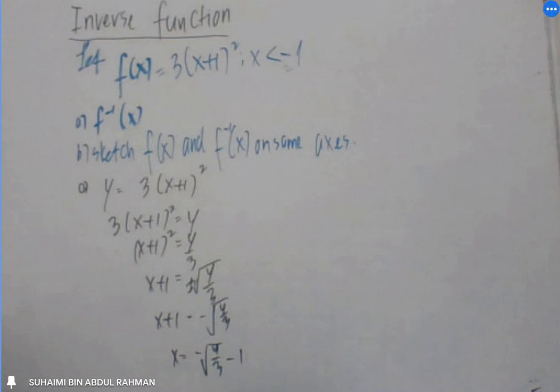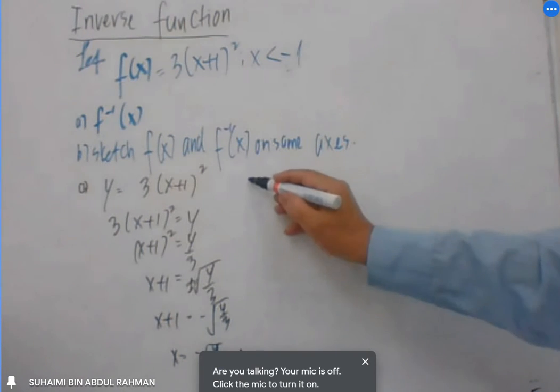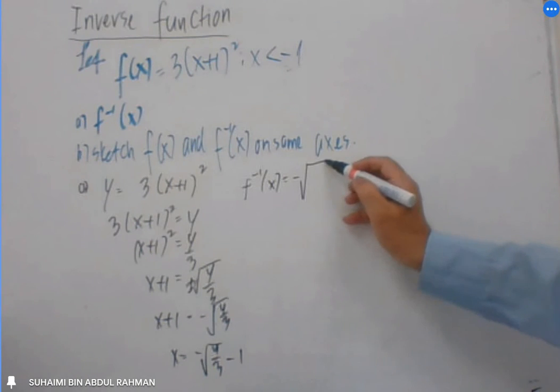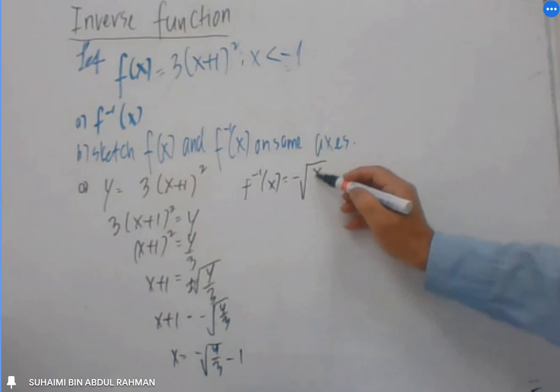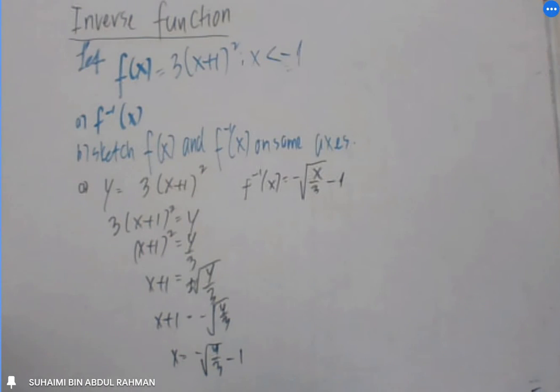This is the inverse function. So the inverse function is minus square root of x over 3 minus 1.